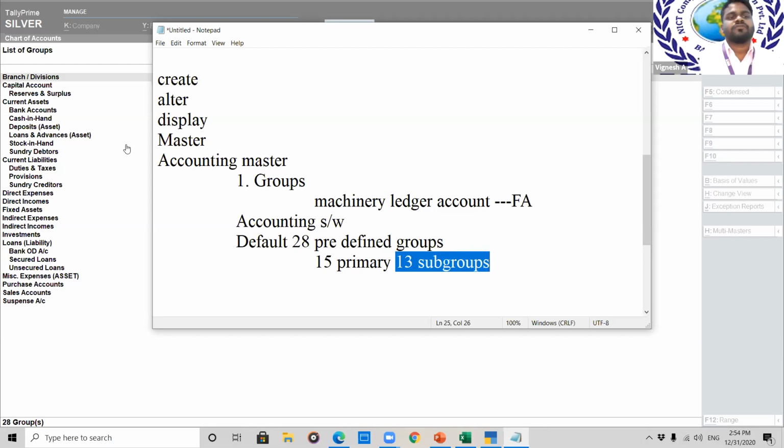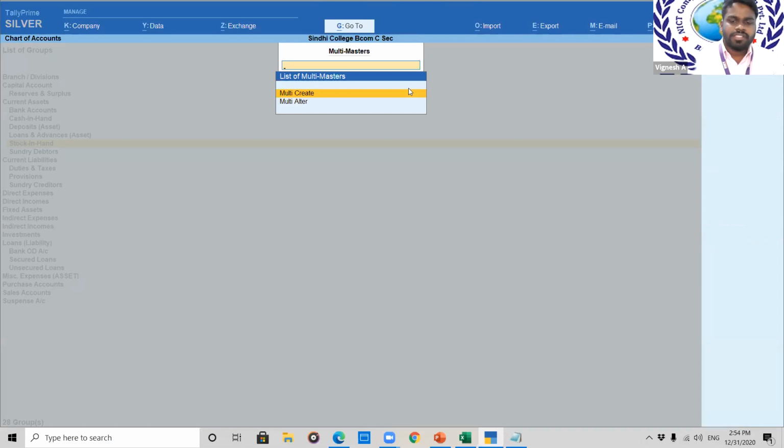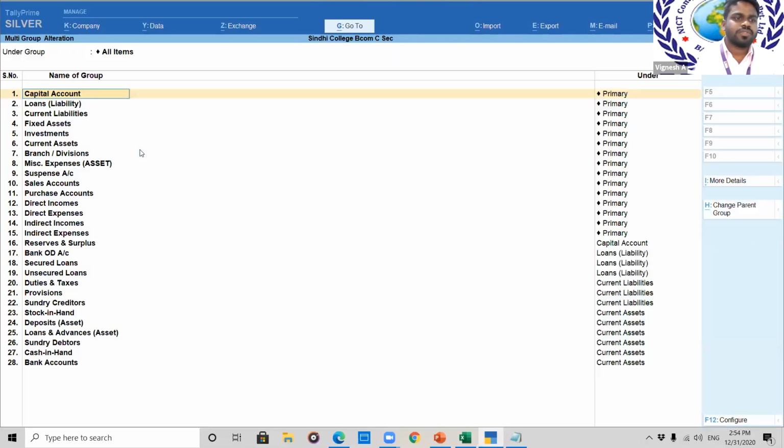I'll show you the count clearly in the software itself. In the list of groups, on the right hand side of the screen, you can see something called multi-master is available. I'm going to that option, the alteration screen, and you can see this 28 count. You can see the headings here as primary.